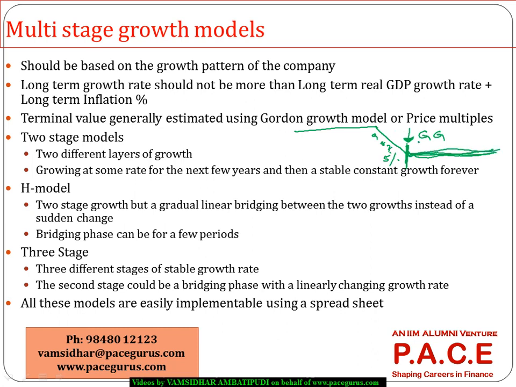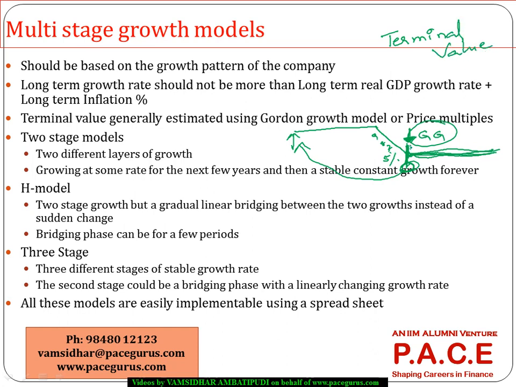But the value is not found as of today; it is found as of that future date from where we see the growth to be more or less constant. Once I know the value as of that date, I can find the value as of today by discounting it with the required rate of return. So all these multi-stage models at some point take the help of a Gordon growth model to decide what we call the terminal value.